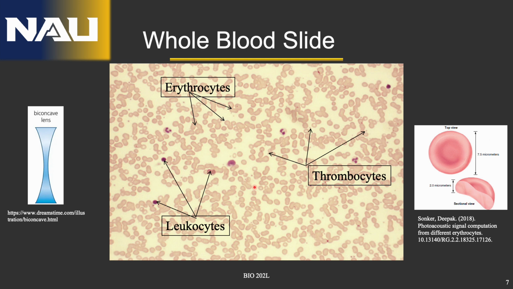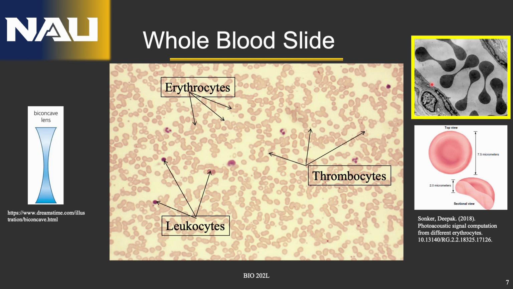Something you might notice with this image of red blood cells is some of them actually have a clear center or a little white spot. And that's because that's the thinnest part of the cell. So erythrocytes are actually biconcave, which means they have a large bulbous outer rim and a thinner interior.